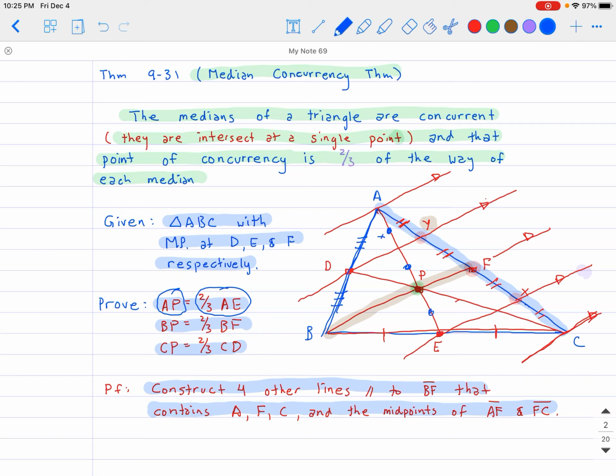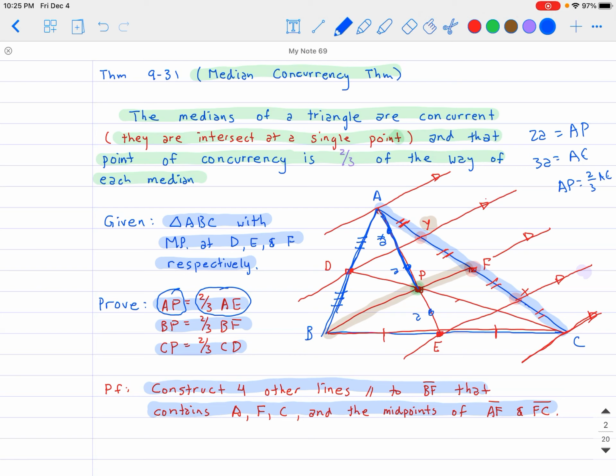So if I call each one, say, the letter A, then you can see that 2 of these guys is going to be equal to 2A for AP, and then we have 3A for AE. So if we put it all together, AP is going to be equal to 2/3 of AE as a result. So there it is. That's going to be our proof.